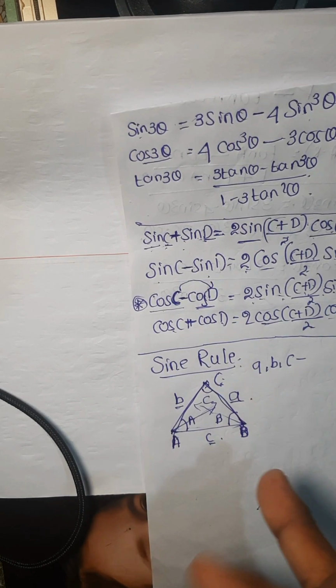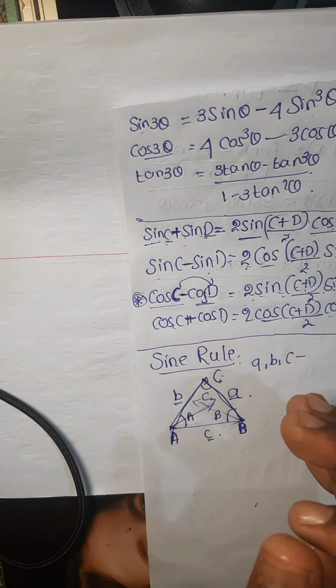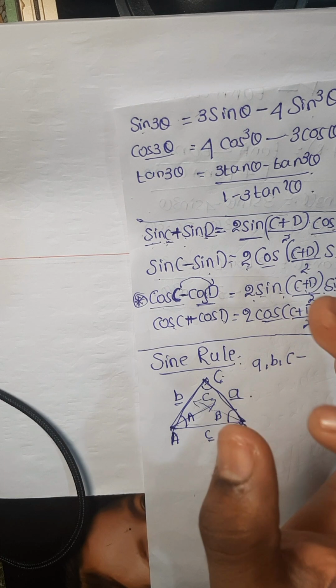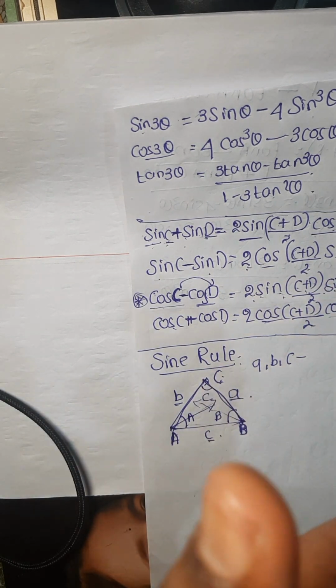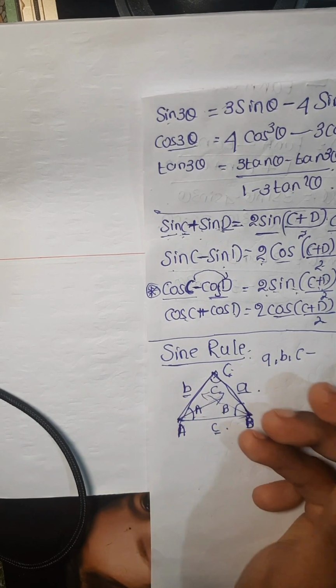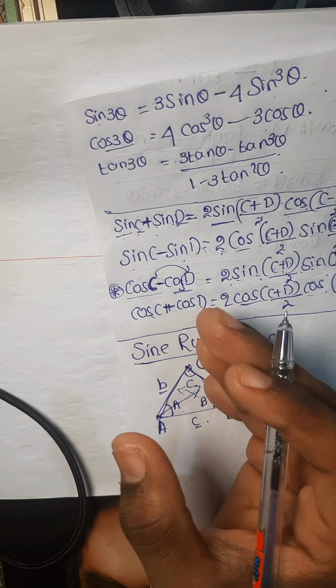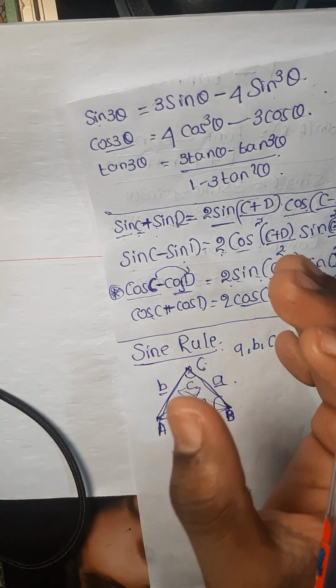So in this triangle we can make a relationship between the sides of the triangle and the angles of the triangle using sine. That is the sine rule. How can we relate the angles and the sides?